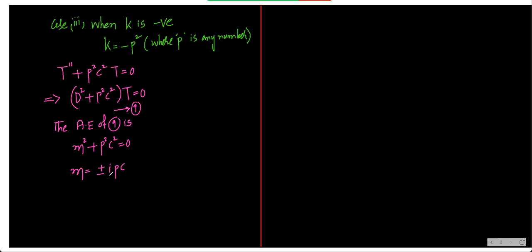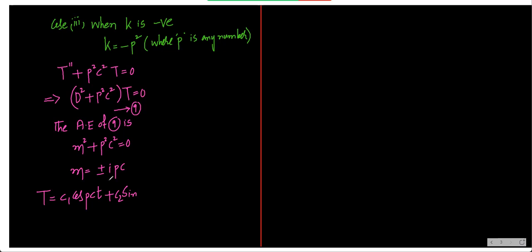Now when you have plus or minus i p c, imaginary parts, how to write the solution? The complementary function T is equal to, remember, C1 cos x plus C2 sin x concept. If you have complex roots, how to write the solution?